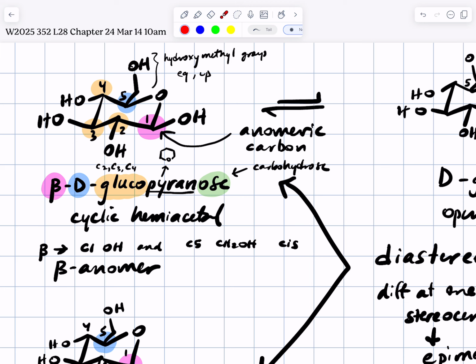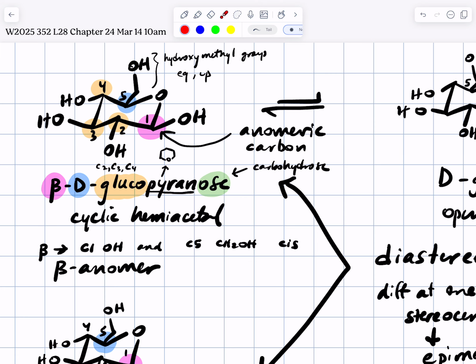There's OHs on 1, 2, 3, and 4, and they're all equatorial, and then you've got a hydroxymethyl group on C5. When C2 OH is down, C3 OH is up, and C4 OH is down, this down, up, down configuration, that's where gluco comes from.